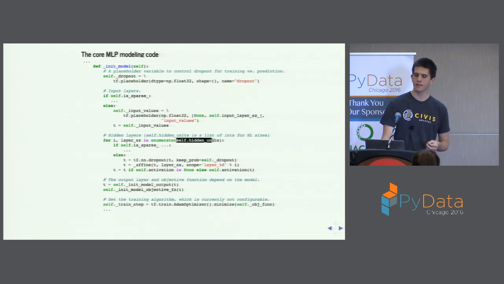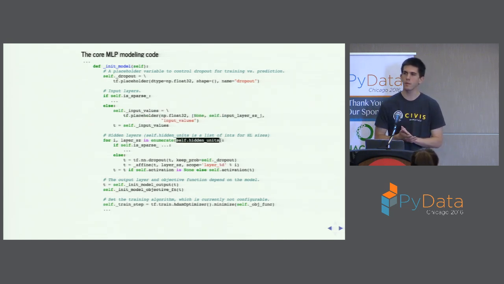The class takes a hidden units keyword argument, which defines how many layers are in your network and how large each of those layers is. So it takes a list of integers. If you had 256, 256, 256, you would have 3 layers with 256 units each. We'll iterate over those values and add layers for each one of them.